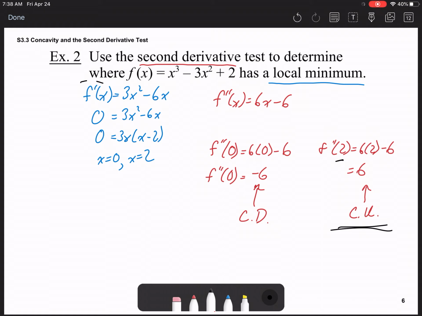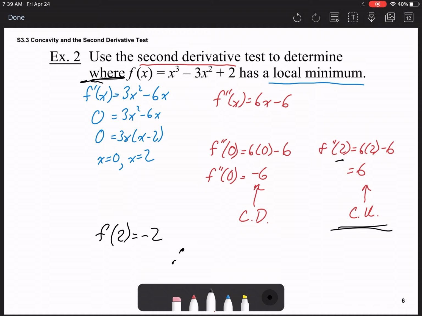It just says where, so we don't actually have to find the point unless you'd like to. So maybe we'll find a point. We'll actually substitute 2 into the original function. I'll grab my calculator this time, work it out on the calculator. So according to my calculator, I get a value of -2.